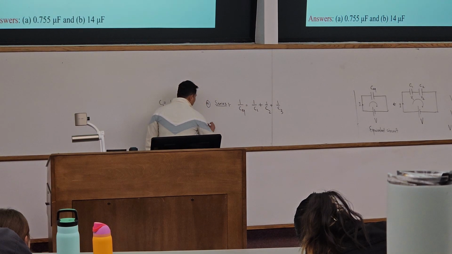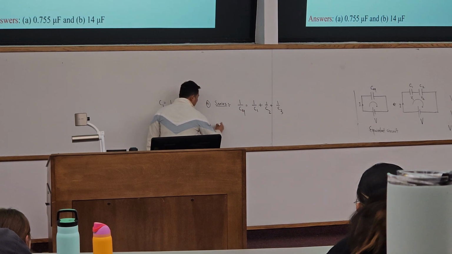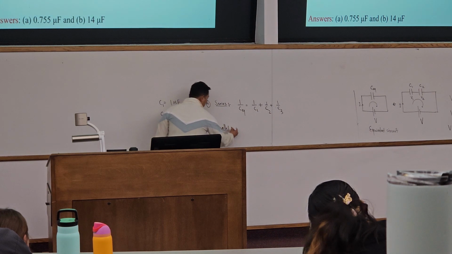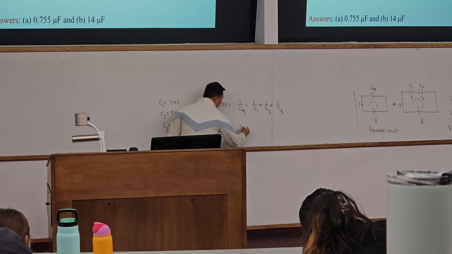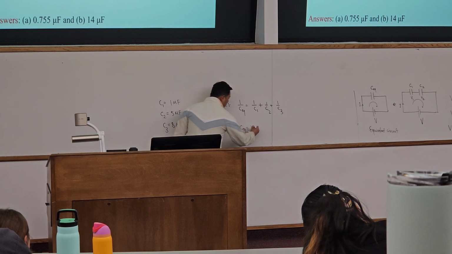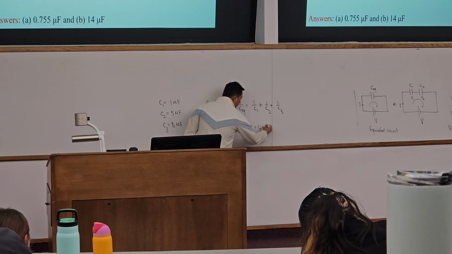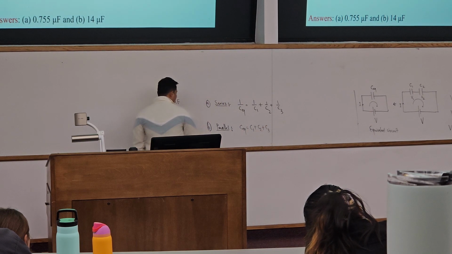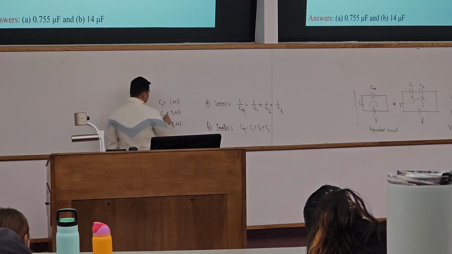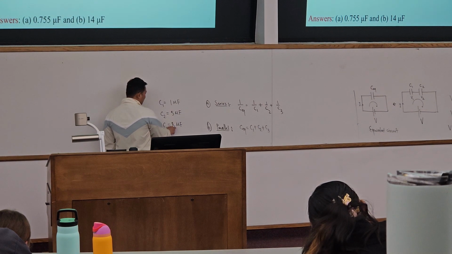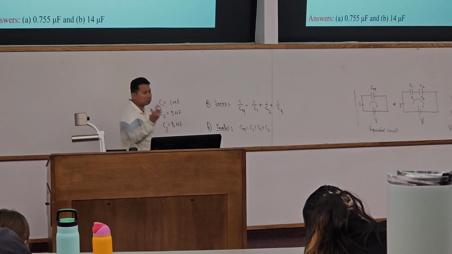And if part B asks to find the equivalent for parallel, this is also very simple, because C equivalent is given by C1 plus C2 plus C3. The parallel one is very easy because you can just add: 1 plus 5 is 6, 6 plus 20 is going to be 26.